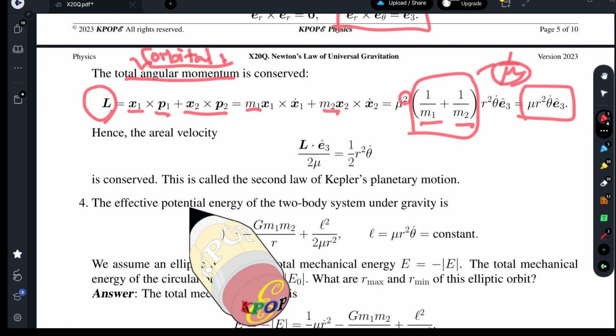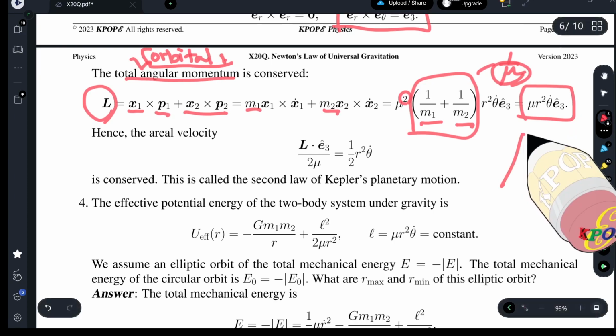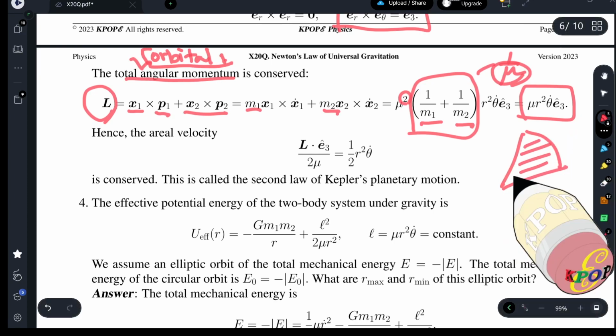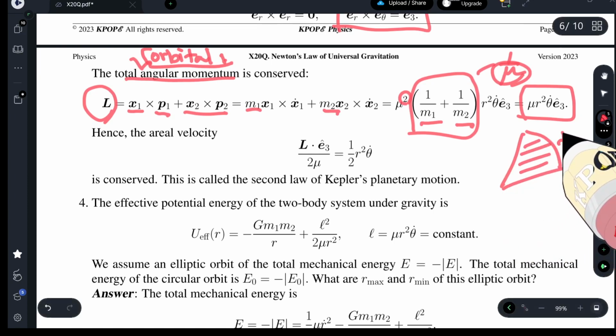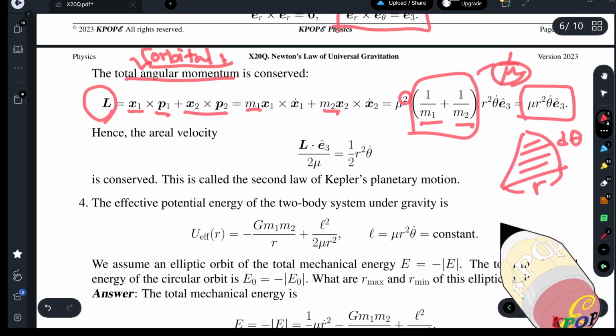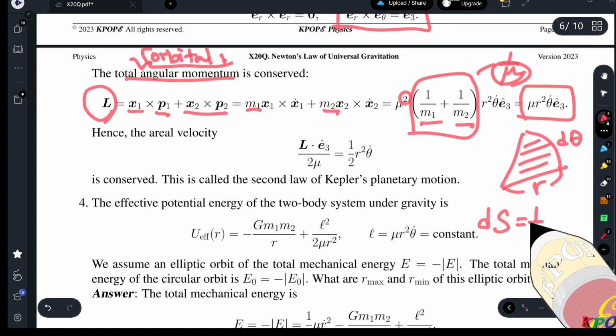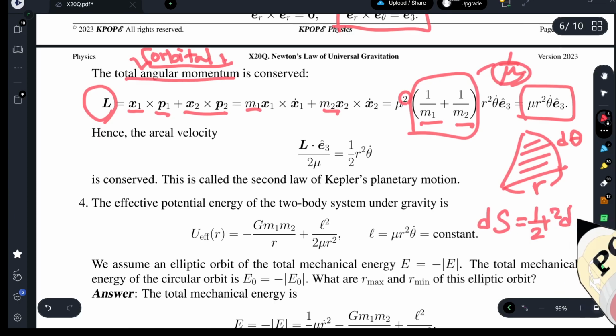Okay, so we are familiar with the r squared theta dot because of the sector of a circle with angle d theta and radius r. What is the differential of this area? 1/2 r squared d theta.